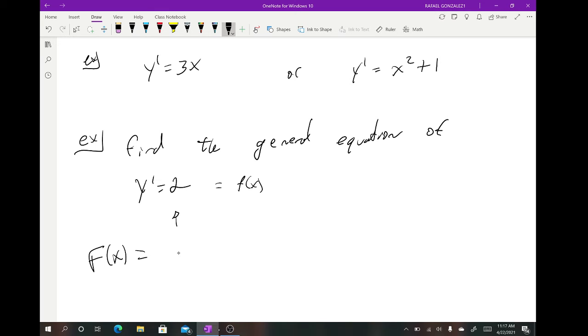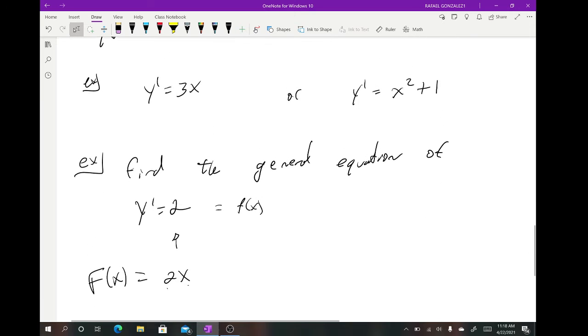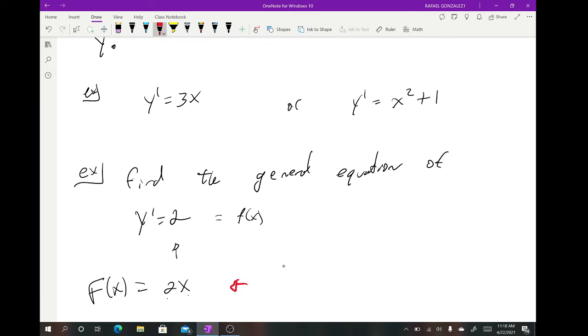And a simple function whose derivative is 2 is simply 2x, because remember, when you take the derivative of 2x, you just get back 2. But by the previous theorem that we just wrote, we know that this right here is what we call an antiderivative.